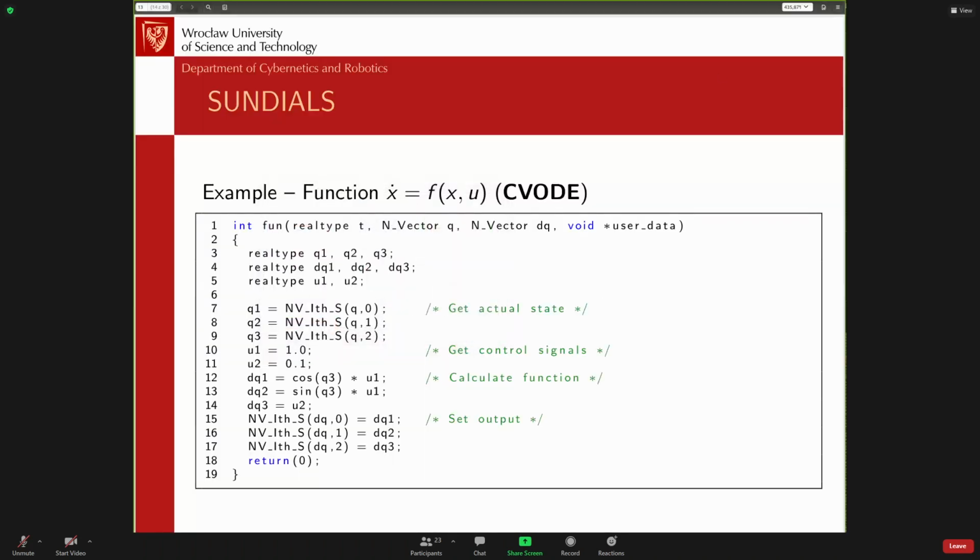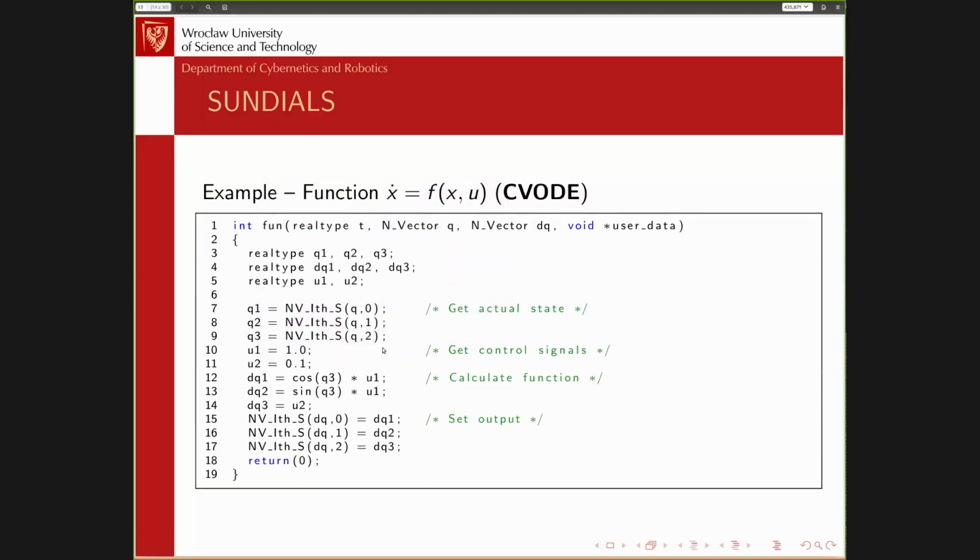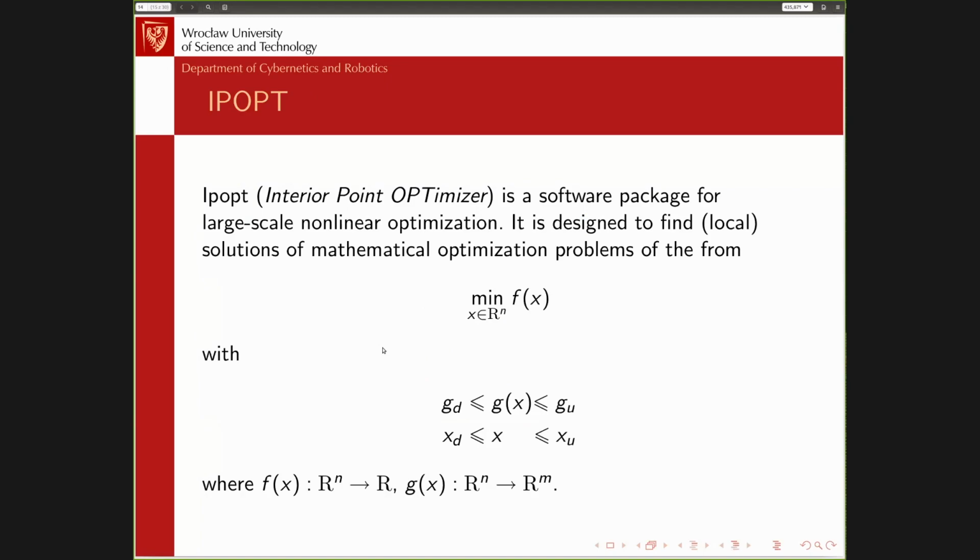I guess not. Okay, so let's move to the optimization solver. So I present here IPOPT. I think this is one of the most popular open source solvers that is able to solve nonlinear optimization with nonlinear constraints, where the constraints can be in the form of equality or inequality.